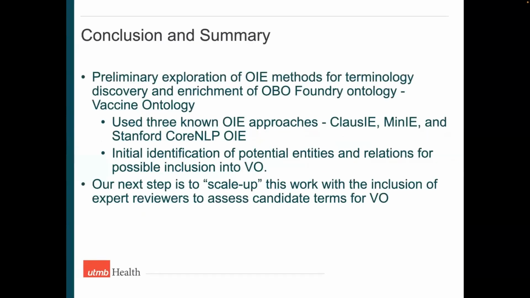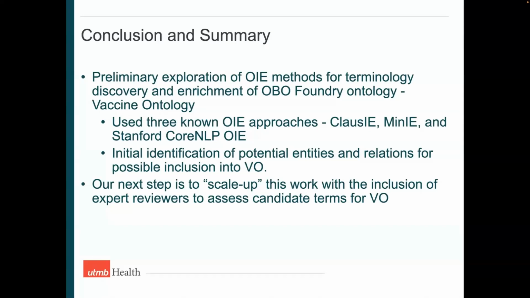So we explored the use and possible utility of open information extraction to enrich open source biomedical ontologies, such as the ones found in the OBO Foundry. For our test case, we experimented with the vaccine ontology and used a corpus of PubMed Central abstracts from June 2023. Using three state-of-the-art open information extraction approaches, we derived a set of triples from a sample of vaccine-related abstracts.